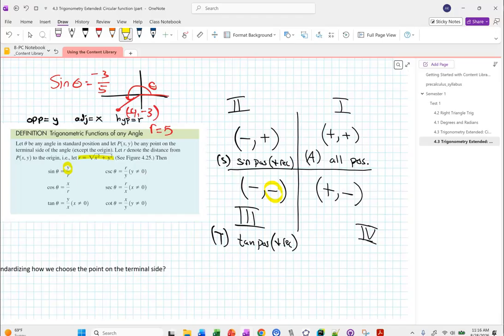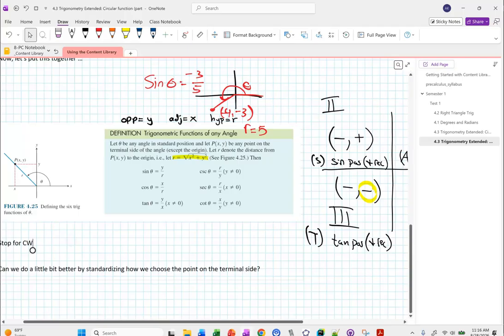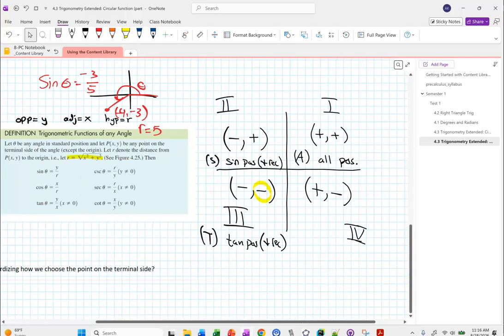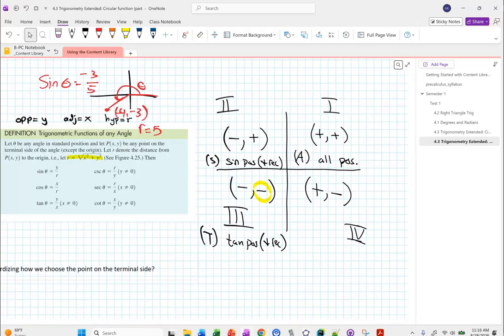Fourth quadrant, same thing. Is sine positive or negative? Negative, because the y value is negative and r is positive, so negative over positive is negative.